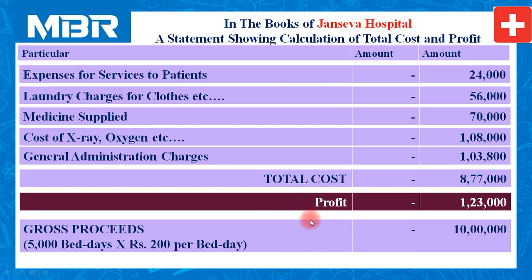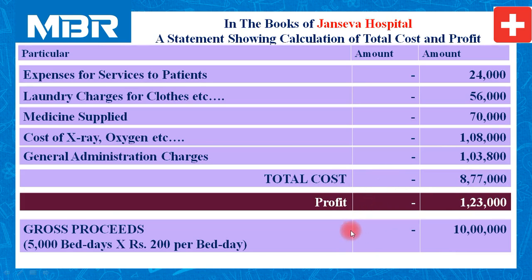Refer to questions of theatre costing, in which we have discussed calculation of profit many times. So it is also possible that instead of providing information related to gross proceeds, the examiner may provide you information related to calculation of profit either on total cost or on gross proceeds.